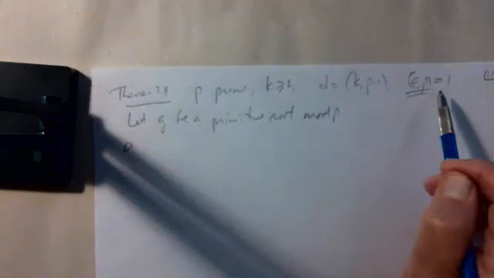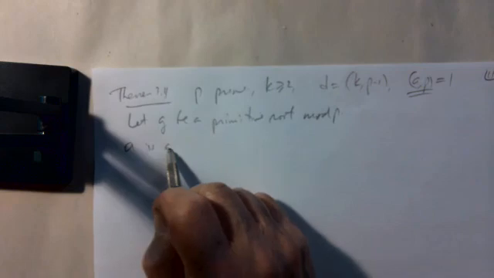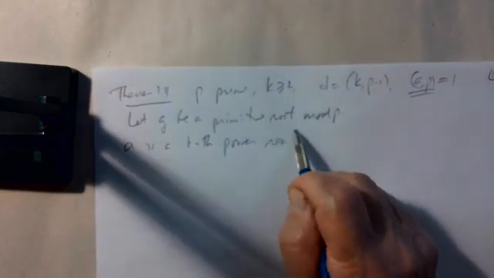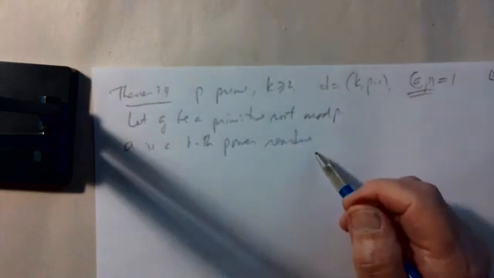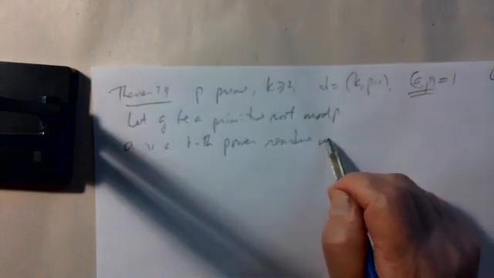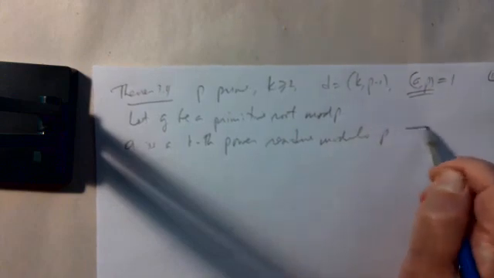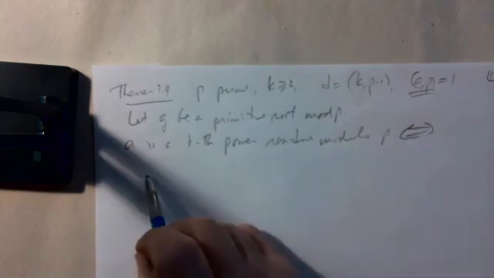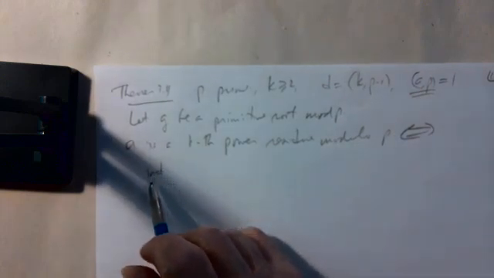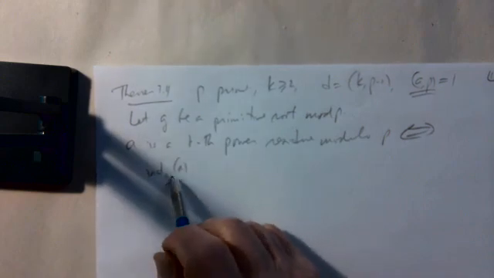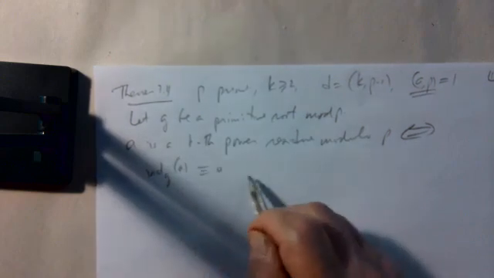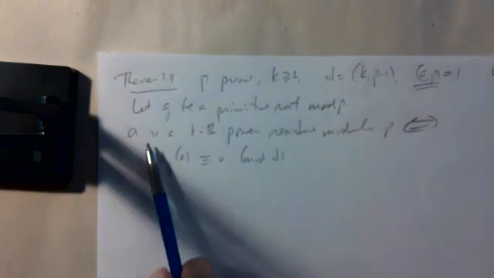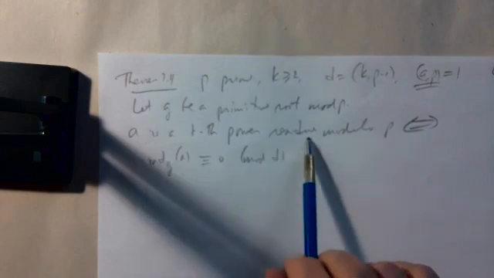A number relatively prime to P is a kth power residue modulo P if and only if the index of A with respect to G is congruent to 0 mod D. So I want to know if a number A is a kth power residue.